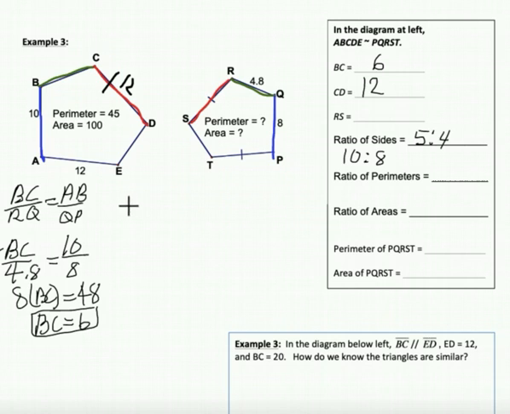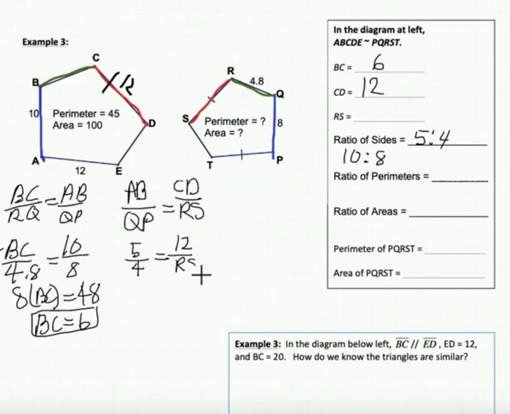So that'll be, again, AB is to PQ as CD is to RS. So that will give me a 10 to 8 ratio over here, which is the same thing as a 5 to 4 ratio. I can use 10 to 8 if I want to. It'll give me the same exact answer, which is 12 to RS.